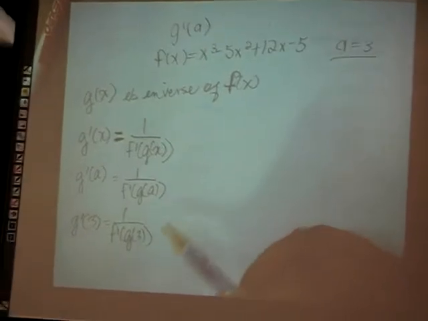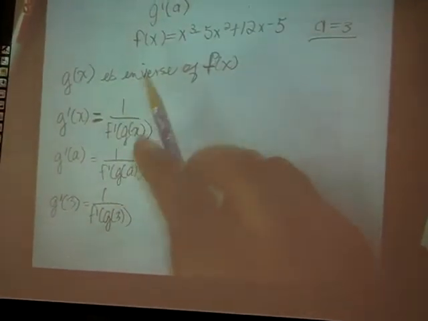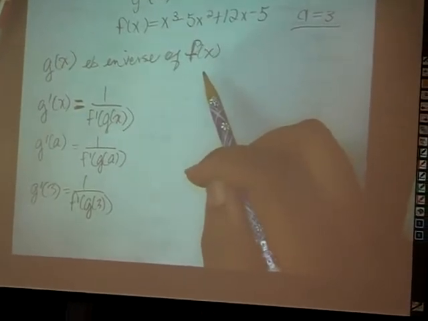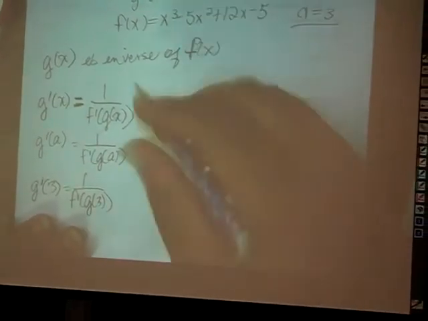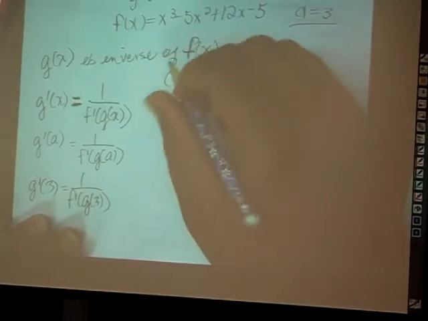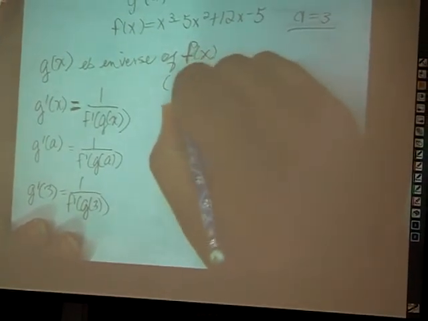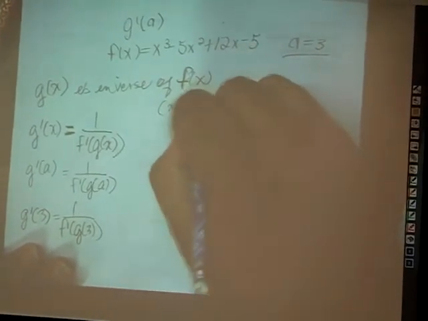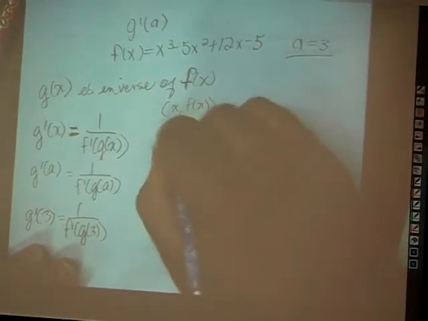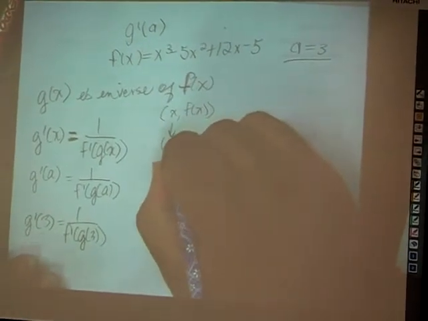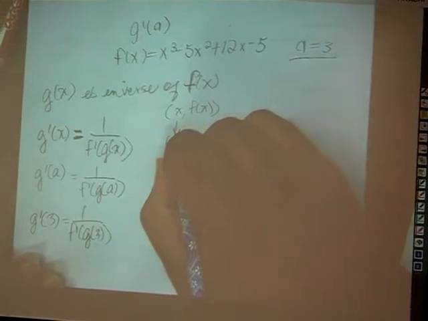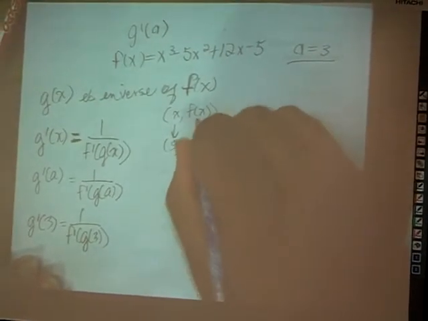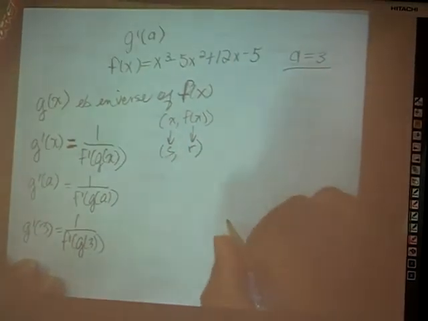Well, what do I know? I know that g is the inverse of f of x. So what I need to understand is that if there's a point on f of x, let's say f of x has a point x comma f of x, and I'm going to call that x value s, and let's call that f of x value r.